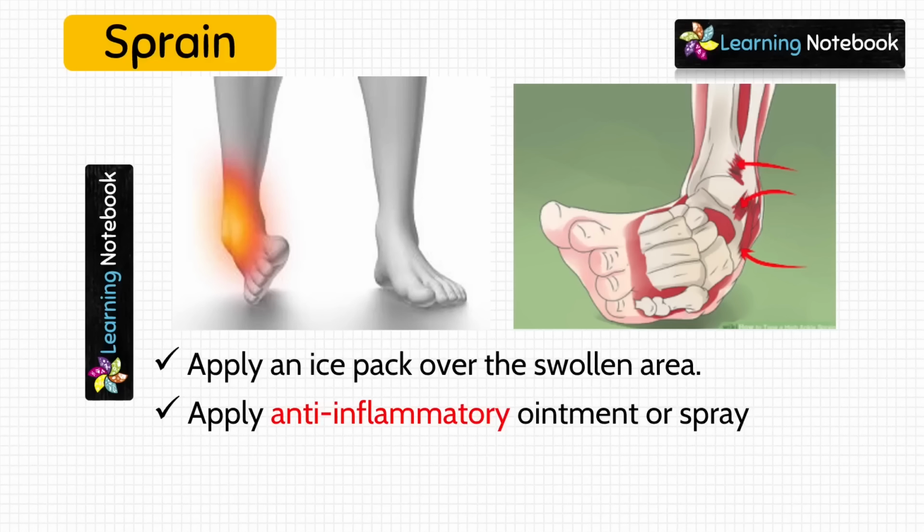But we need to make sure that we do not touch such blisters. And lastly, we have to cover the wound with loose gauze to protect the affected area. And what is gauze? Yes, it is a white bandage, as you can see in this picture.